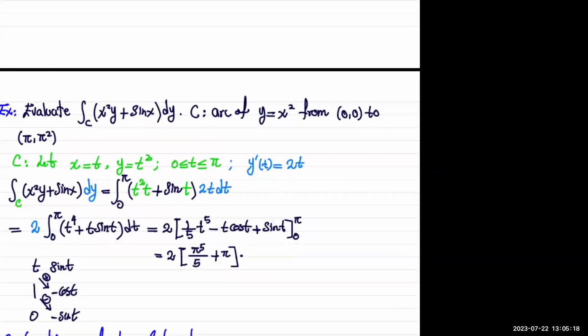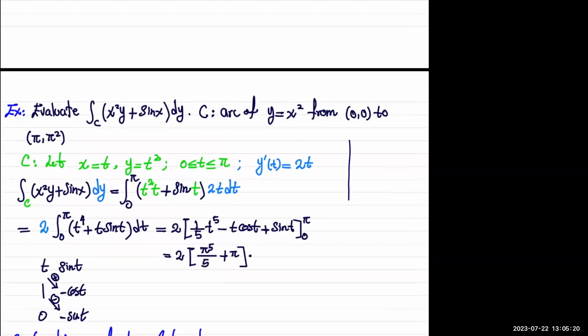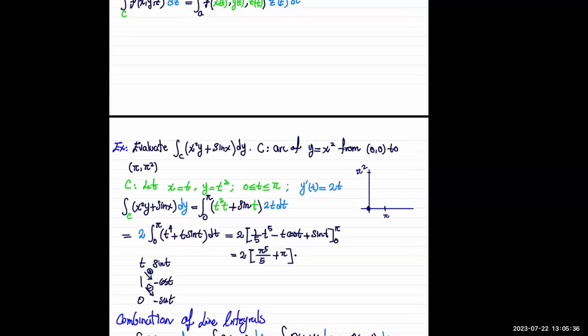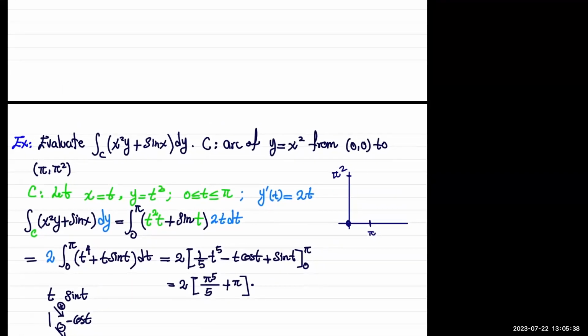Let me see if I can draw that for you over here. So 0, 0 is right there, and we have pi, let's say here, pi squared here. So y equal to x squared is just a parabola. We want to integrate the function along this parabola, in this direction, from here to here.